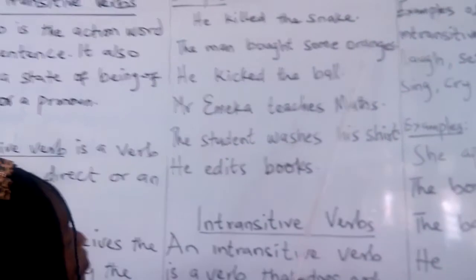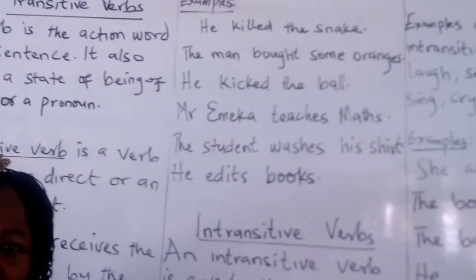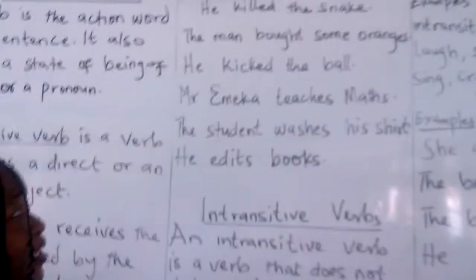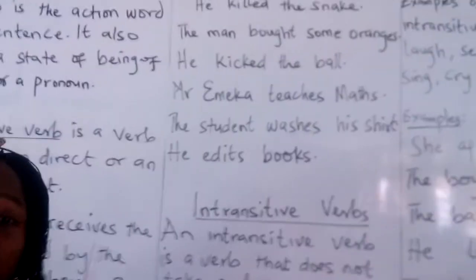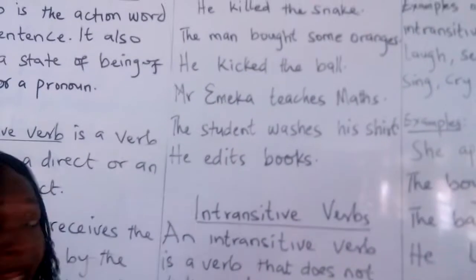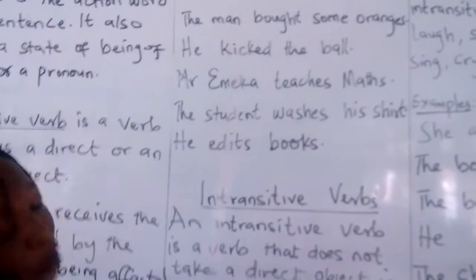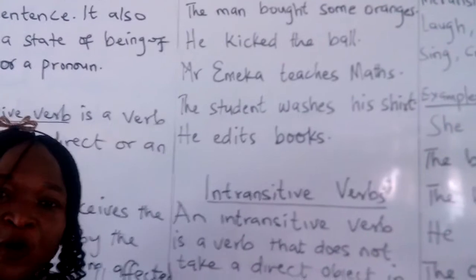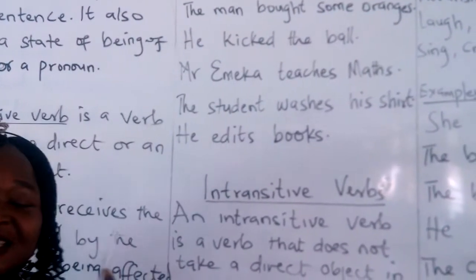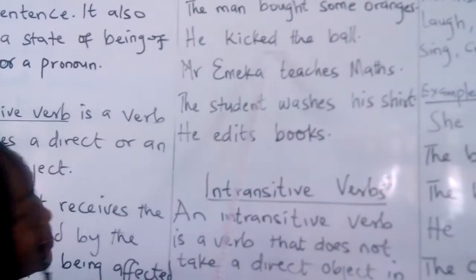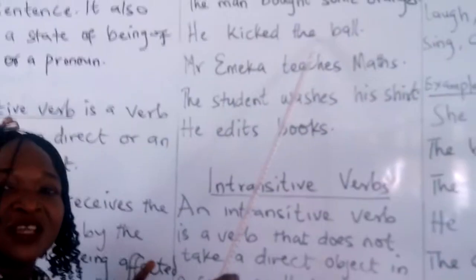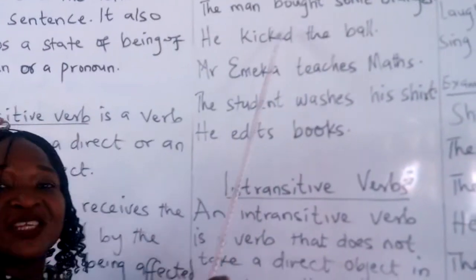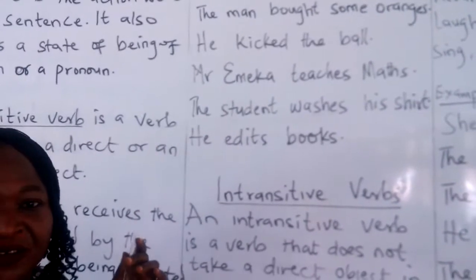The man bought some oranges. What was bought? Some oranges, meaning that some oranges is the object in the sentence, while bought is a transitive verb. He kicked the ball. The ball is the object in the sentence, while kicked is a transitive verb because it has a direct object, the noun that is receiving the action directly, right?